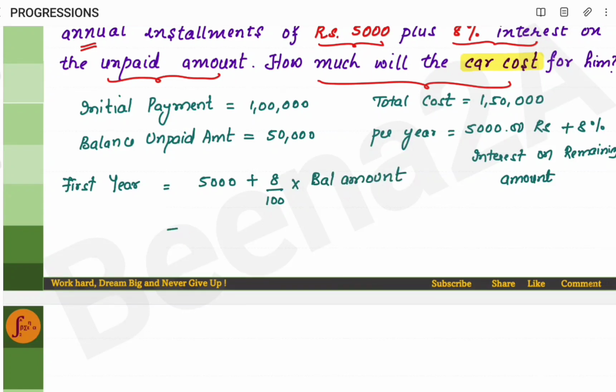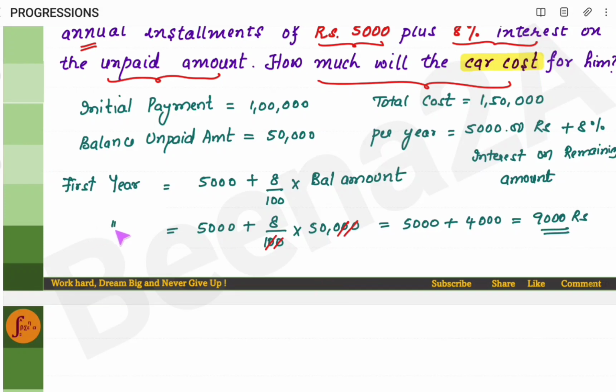Right? Now what is the balance amount? Balance amount is 50,000. He's still making the first payment, right? First payment, he has 50,000 left. So balance is 50,000. So how much do we get when we calculate? So we'll get 5,000 plus 4,000, which is 9,000. 9,000 rupees he pays in the first year.